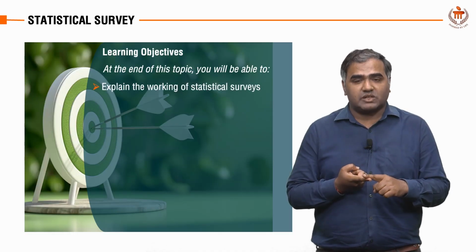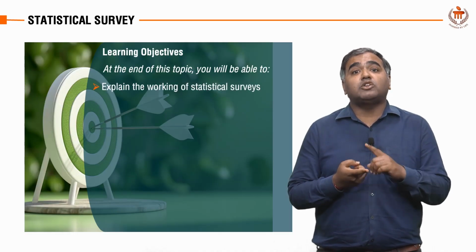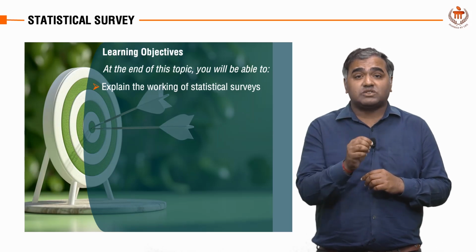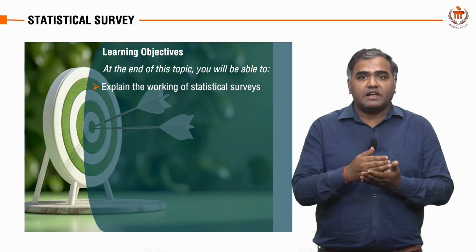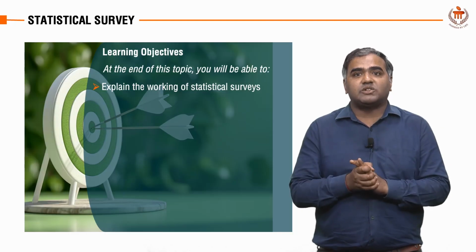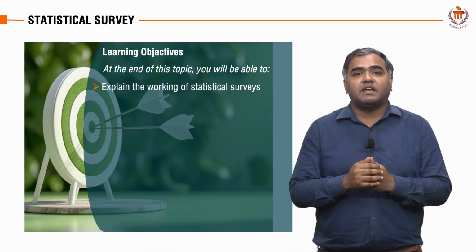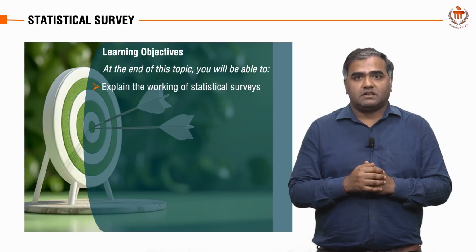Learning objective. So guys, at the end of this topic, you will be able to explain the working of statistical survey. The objective of understanding the statistical survey is to learn how it collects and analyzes data to study a population. It basically aids in decision making and trend analysis.